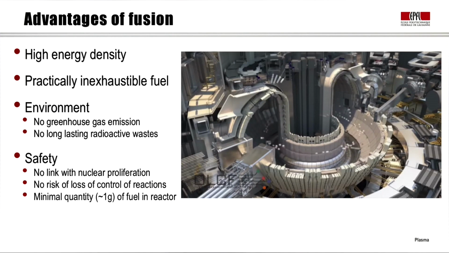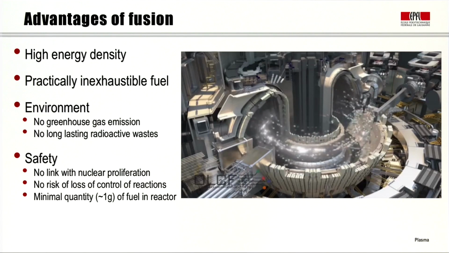What about its safety? Well, that's also a very, very important advantage of fusion. First of all, there is no link between fusion and nuclear proliferation. Second of all, the concept of fusion reaction is not based on a chain reaction, so there is no risk of loss of control of the reactions in the sense there is in a fission reactor. And last but not least, there's always a very, very small amount of fuel in the reactor at any given time.